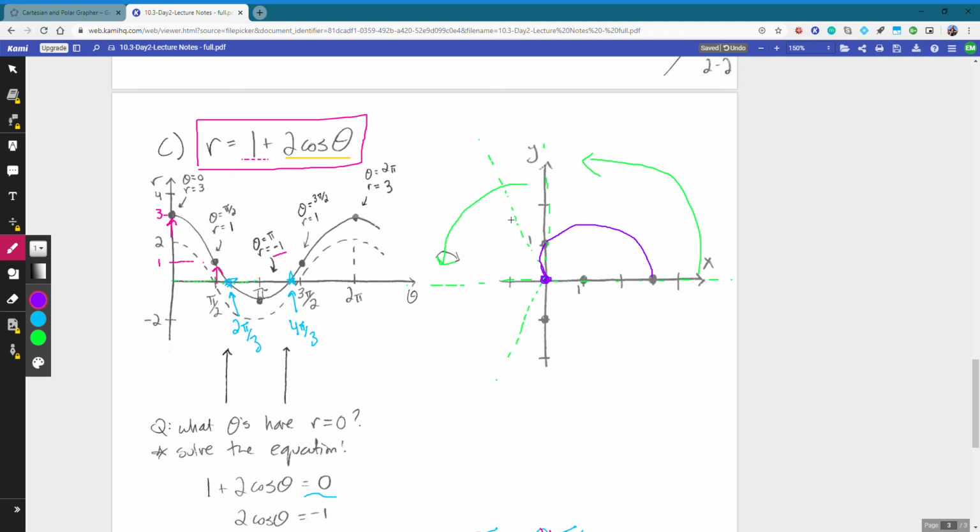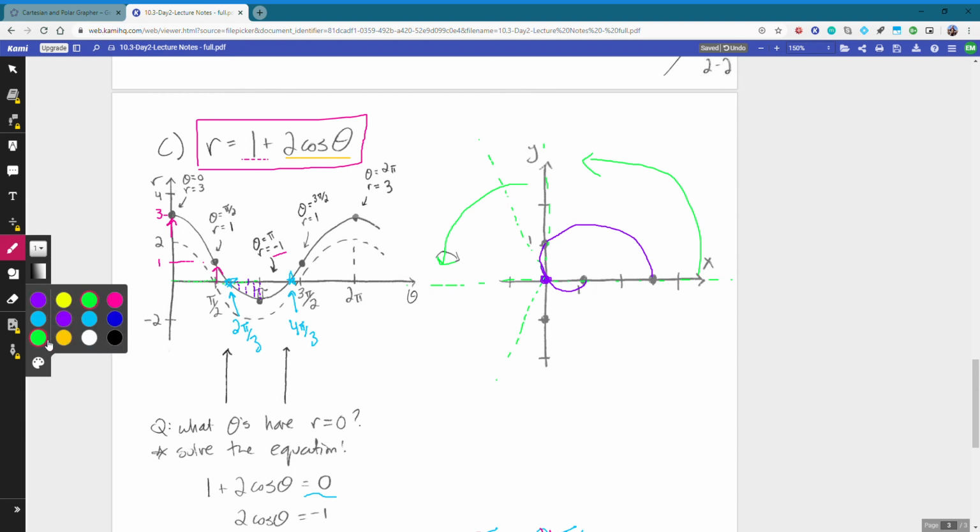Now, as our angle increases from 2 pi over 3 to pi, what's happening to r? Well, we're coming out more and more negative until we get to -1. So as we increase our angle, we're going to be moving out more and more negative. It's going to be doing something like that. Now, as we let our angle move past pi to 4 pi over 3, we're going to get sort of this action in reverse.